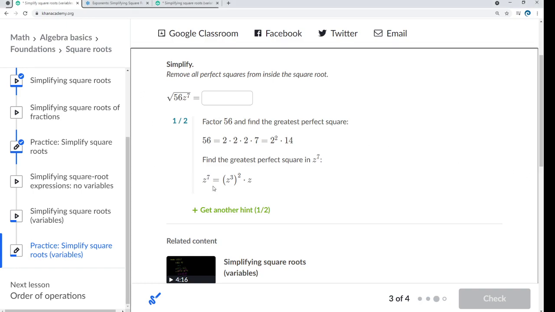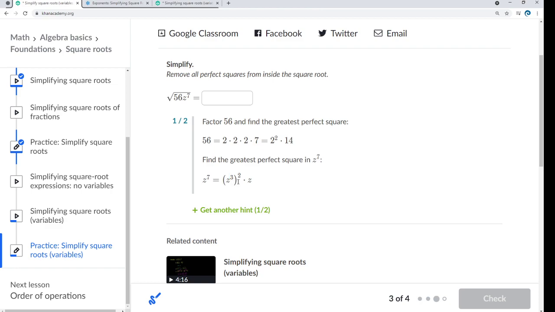But if I look at this, what I'm kind of seeing is that we had 7 here. You take 1 from this 7, and that's this trailing z. And then you have this z to the 3rd, raised to the 2nd power.